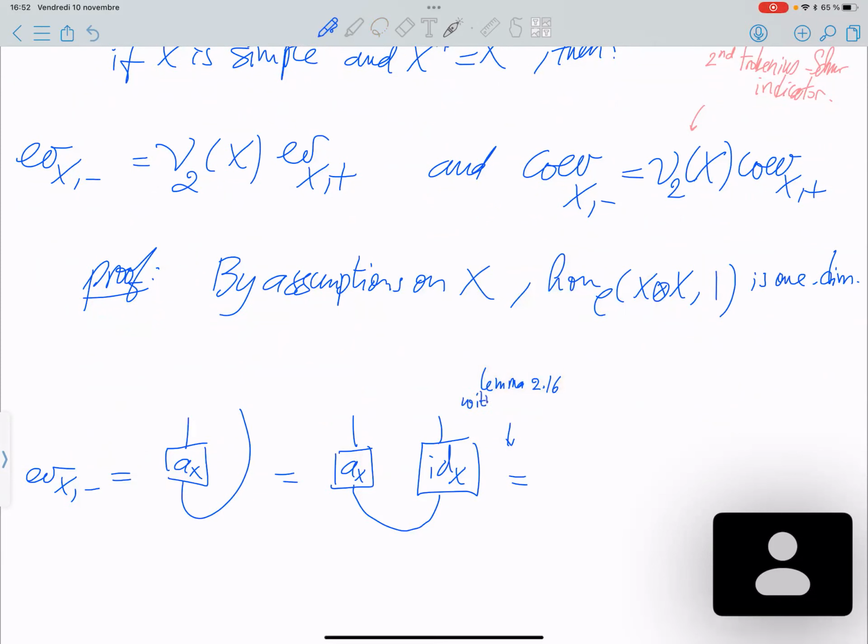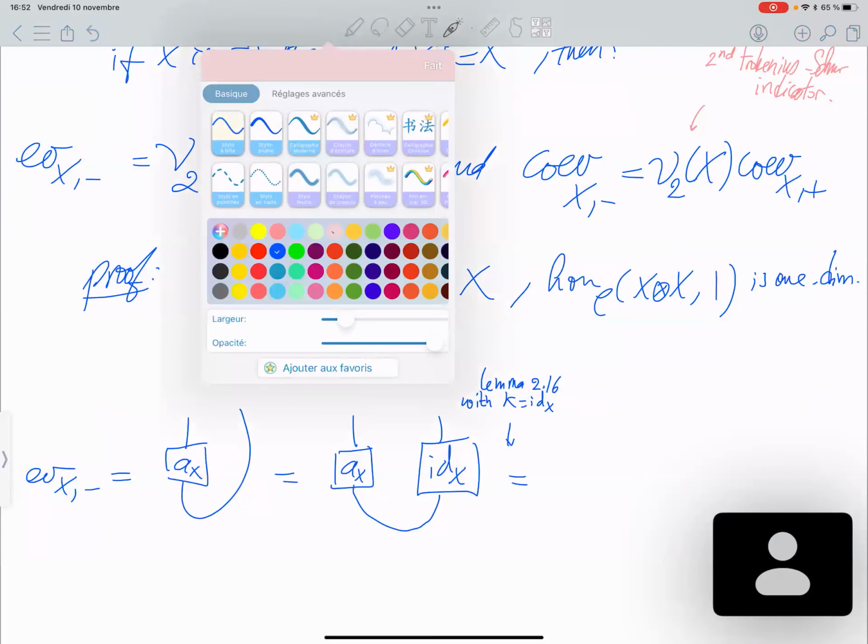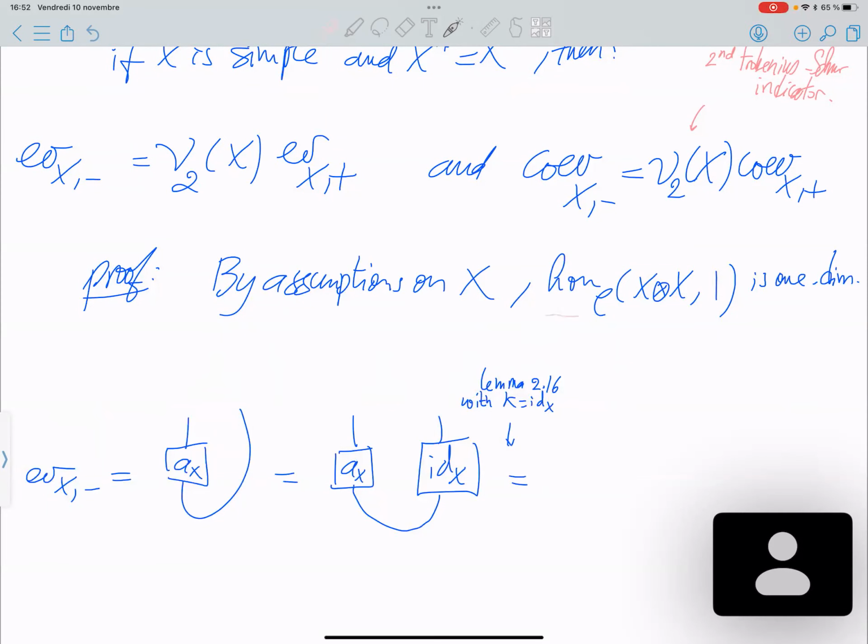And we can apply this lemma because of that: this lemma needs this assumption.